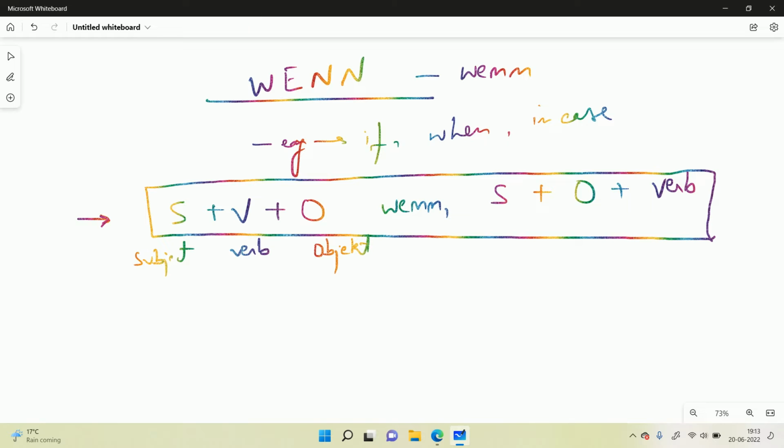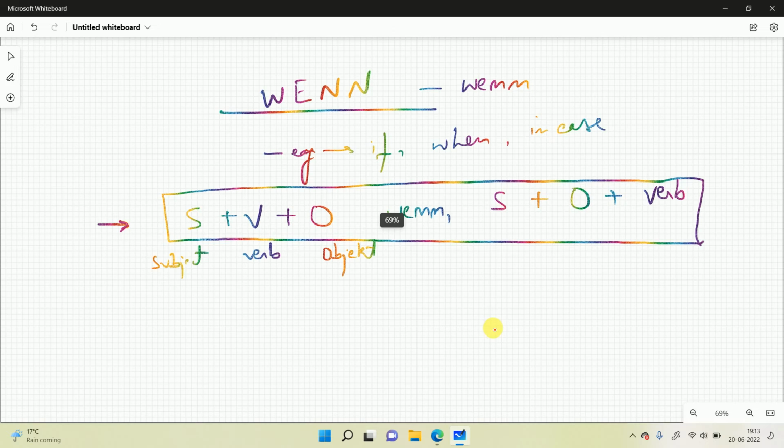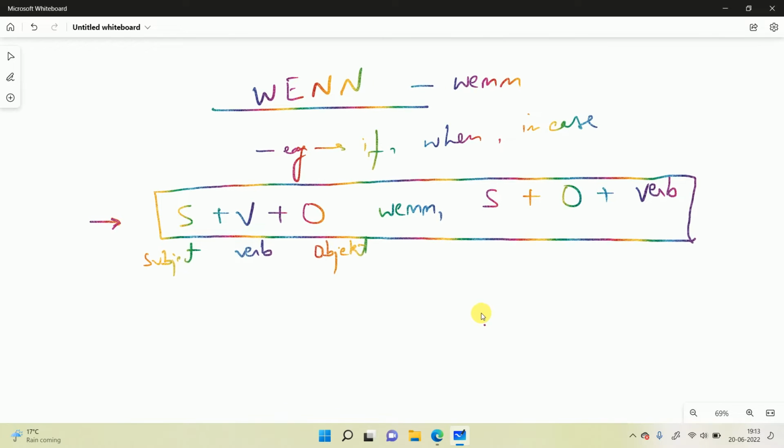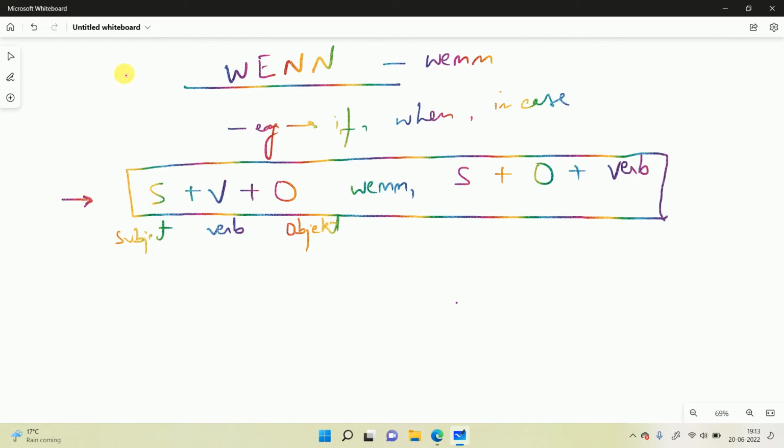Now don't be overwhelmed or stressed with this formula, because this is a very generic thing, and with practice you can learn it yourselves. It's not a mathematical or physics formula that you need to memorize. Just take it as a reference, because in the next sentences, when we'll be framing sentences, you will find yourselves that this formula is applied many times.